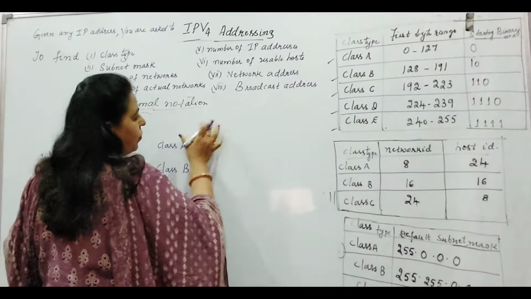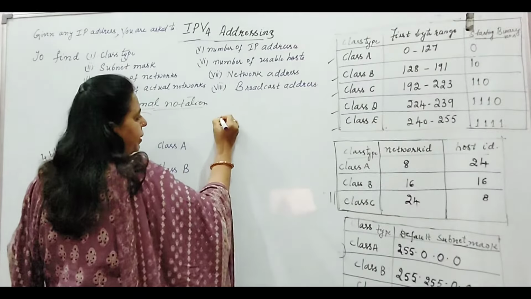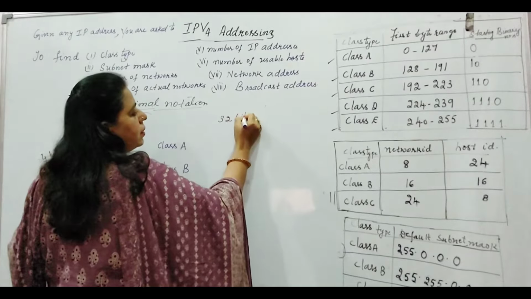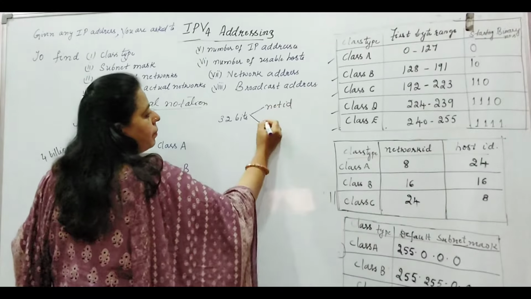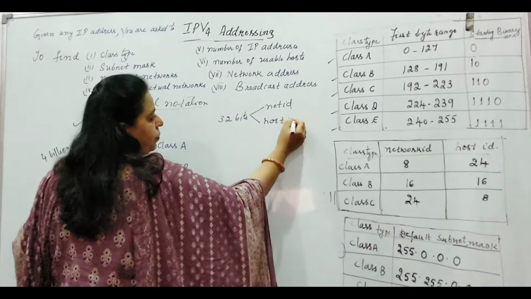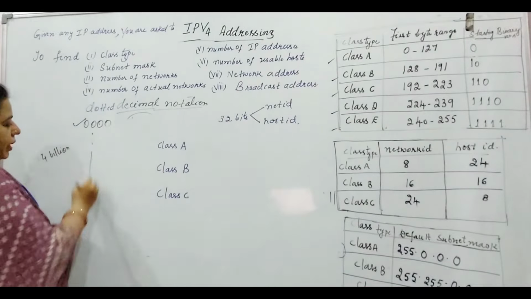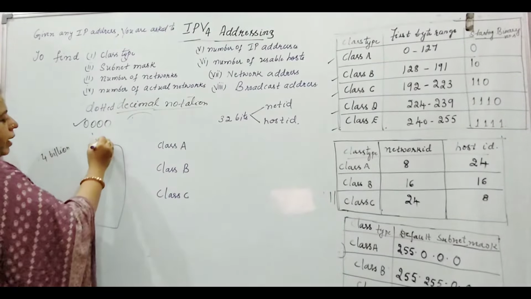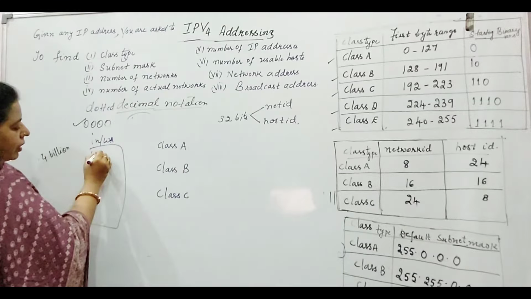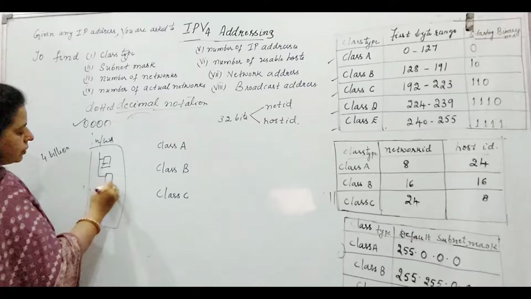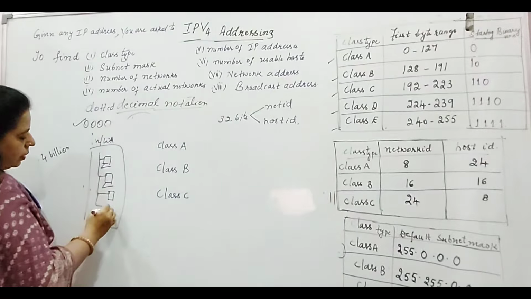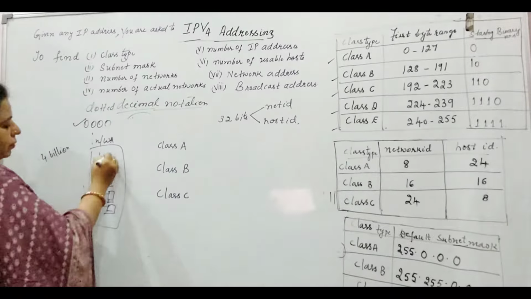In every class, out of the 32 bits, some bits are meant for the network ID and some bits are meant for the host ID. That means you have a network, network A, and in this network different hosts are connected. Let me give one simple example: 4 hosts are there.